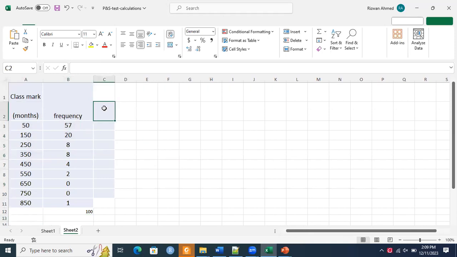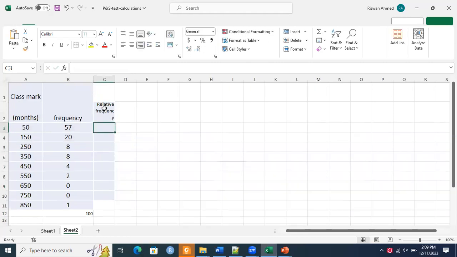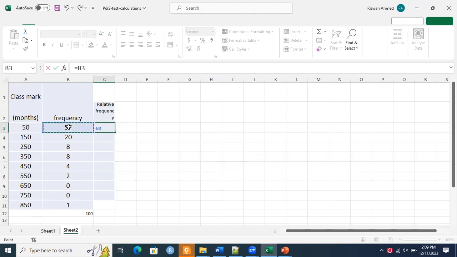We can compute the relative frequency, which is equivalent to probability. All the numbers in frequency must be normalized by the total number. So we have 100 as the number.